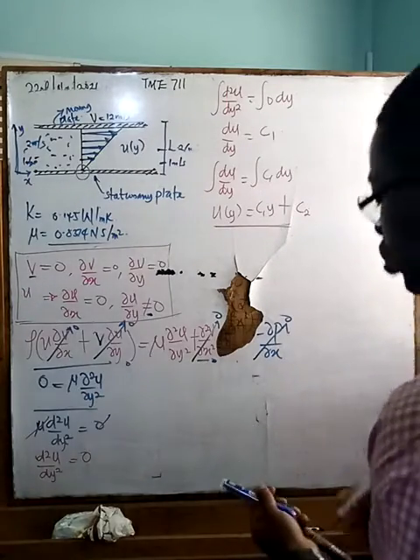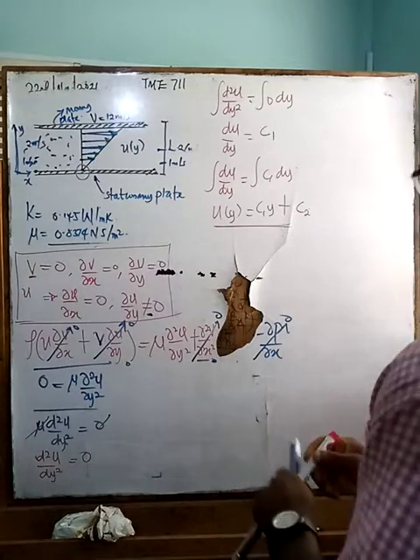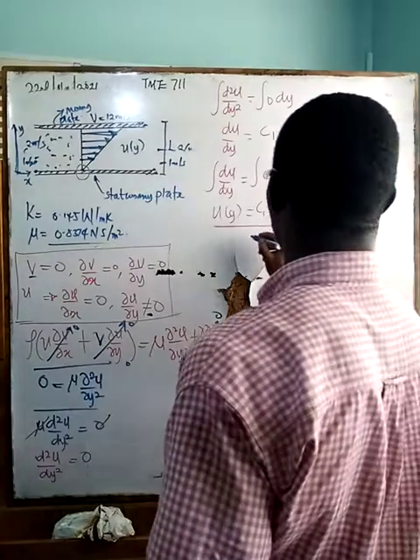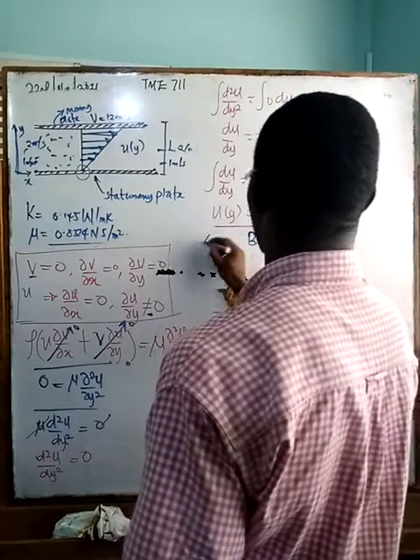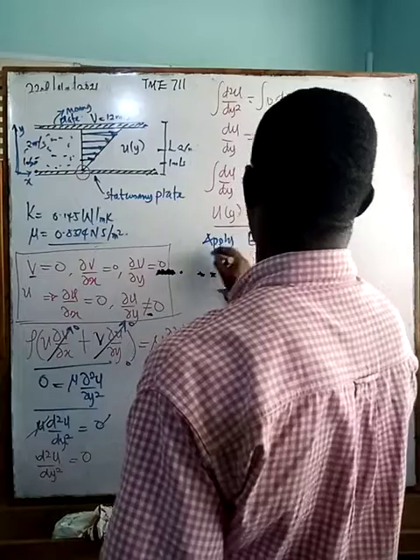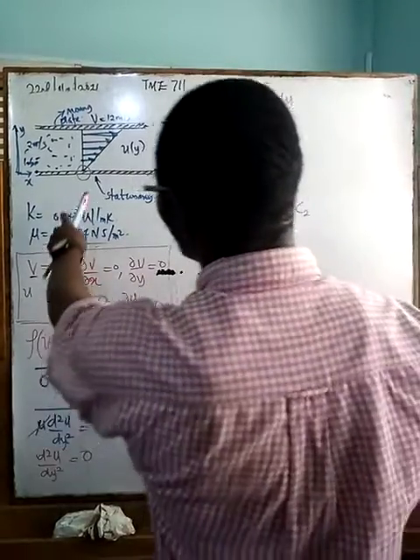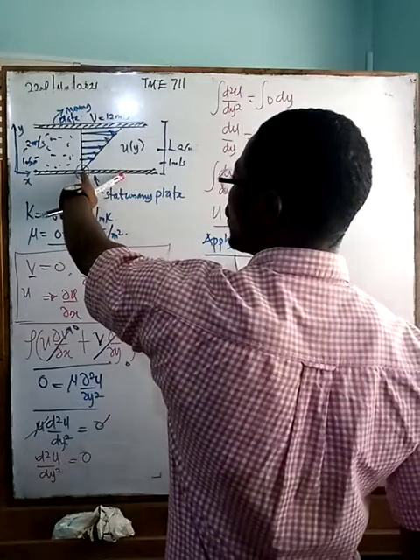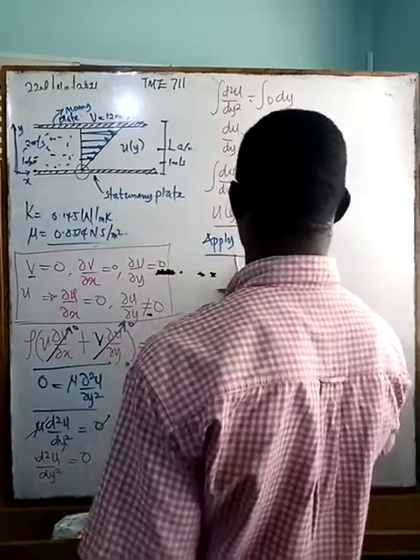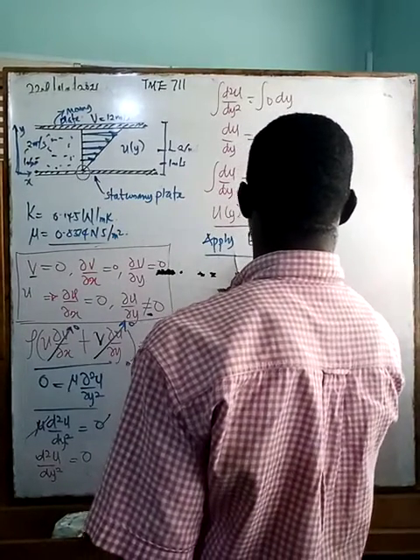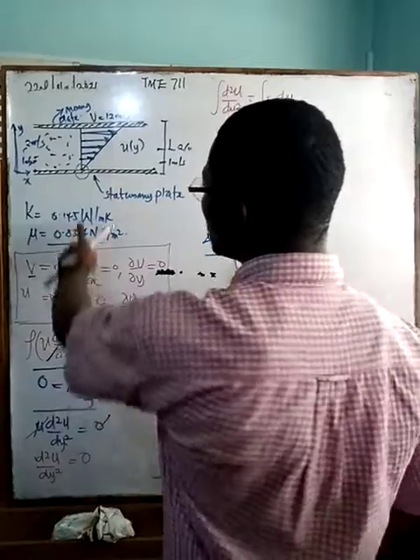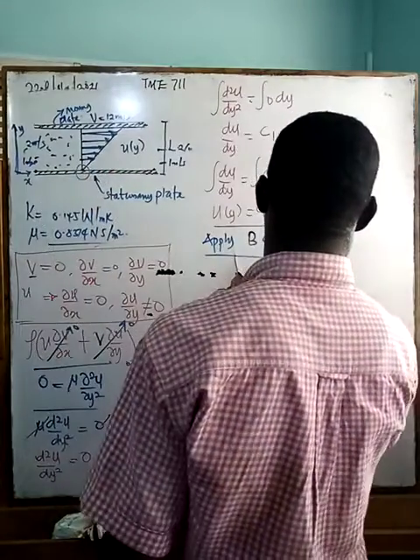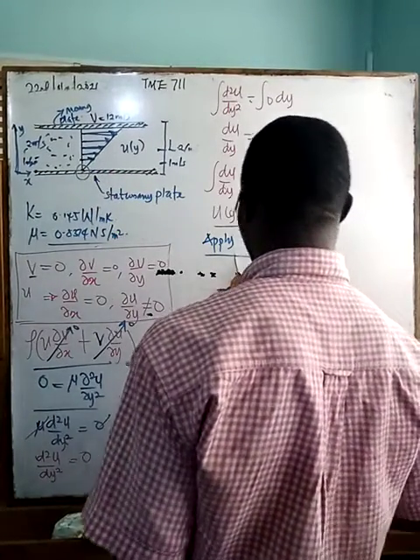And now we need to substitute for our boundary condition. So from the boundary condition, the velocity at the surface of the lower plate, that is the stationary plate, u of 0, that is when y is 0, our velocity there is 0.